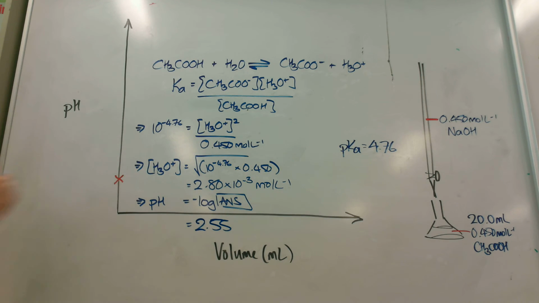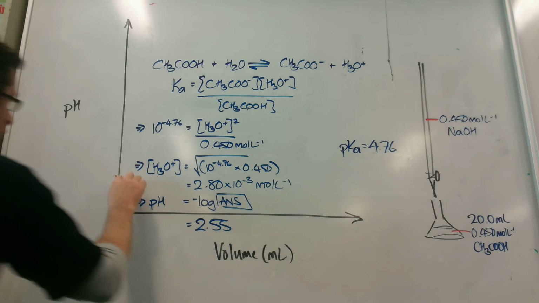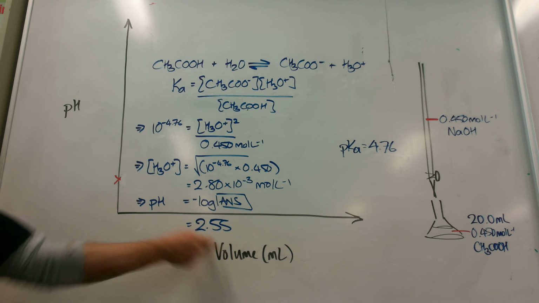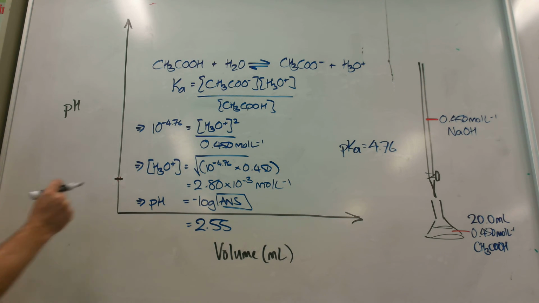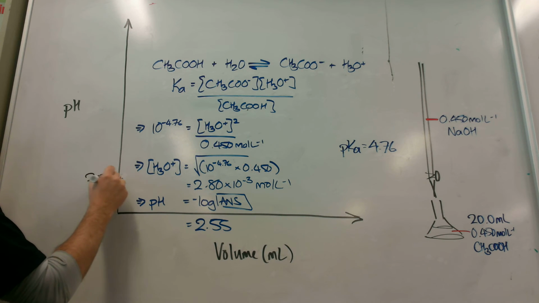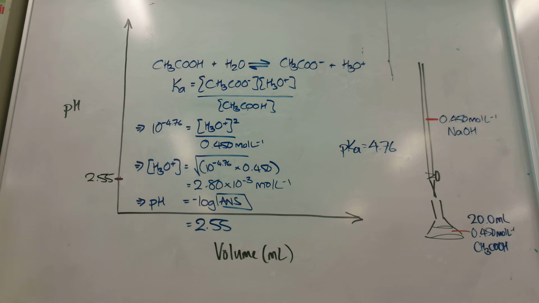So I now have the first point on my titration curve. And so this first point, at volume of sodium hydroxide equals 0, this value, our first important one, is 2.55. So this is where my curve will start.